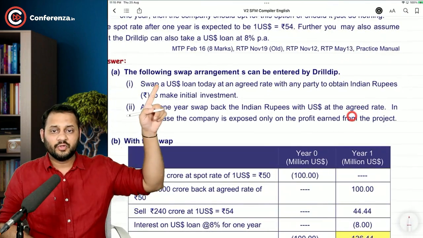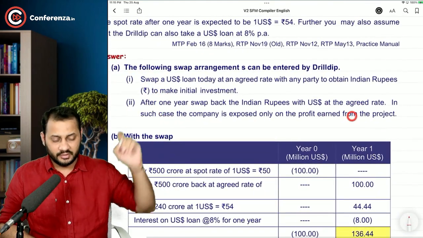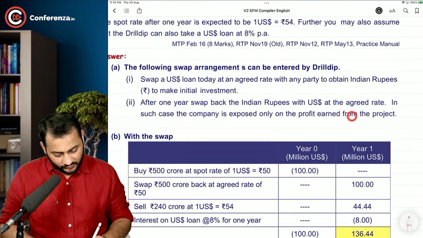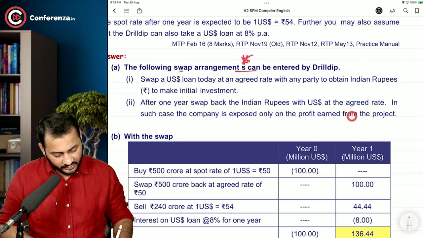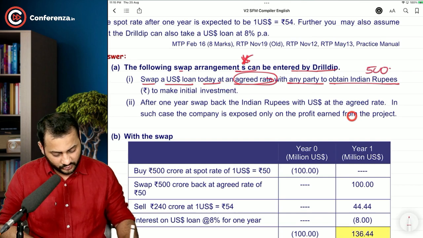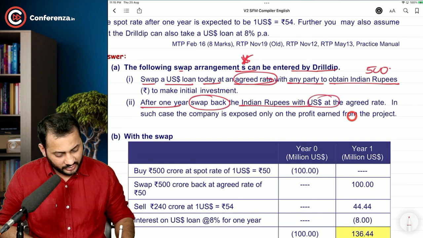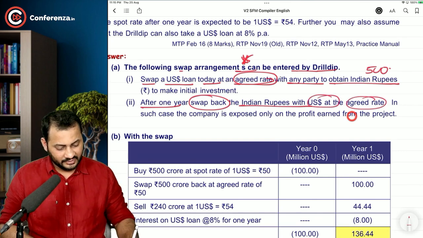The swap of US dollar loan today at an agreed rate. The following swap arrangements can be entered into by Drill Dip. Swap a dollar loan today at an agreed rate with any party to obtain Indian rupees, that is 500 crore. After 1 year, swap back the Indian rupees with dollars at an agreed rate.